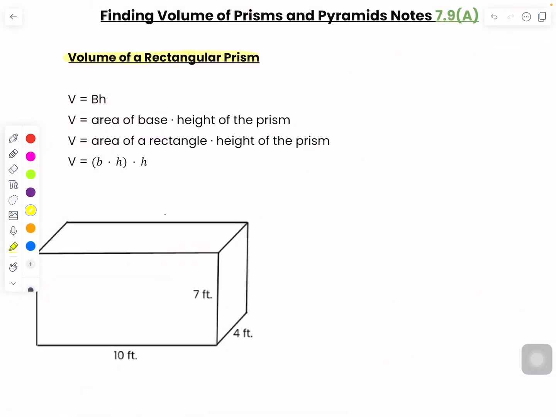So when we look at this first example, volume equals big B times H, we know that big B is referring to the area of the base. When looking at this three-dimensional figure, we know that our base in our rectangular prism is a rectangle.